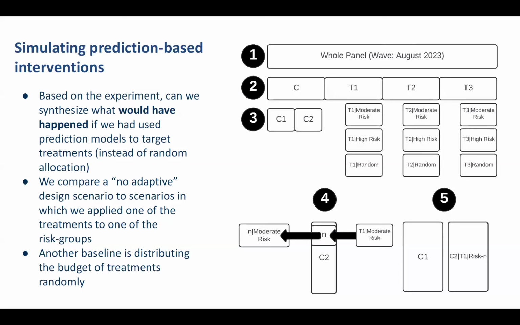We have our panel as it was, all of the people who participated in our field experiment. They were randomly separated into 4 groups: 1 control and 3 treatments. We're going to take that control group and randomly split it in half. The first randomly split-off half is our scenario of what if we had done no adaptive design whatsoever.